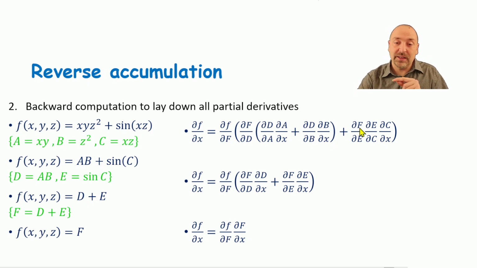The same holds for the second part, where the partial derivative of E in x becomes the partial derivative of E over partial C times the partial derivative of C in x. Some people even break down further because A is itself a function of x and y. I skip it because otherwise it will be too messy, but keep in mind that it's going to be like this. We have a recursive breaking down algorithm.